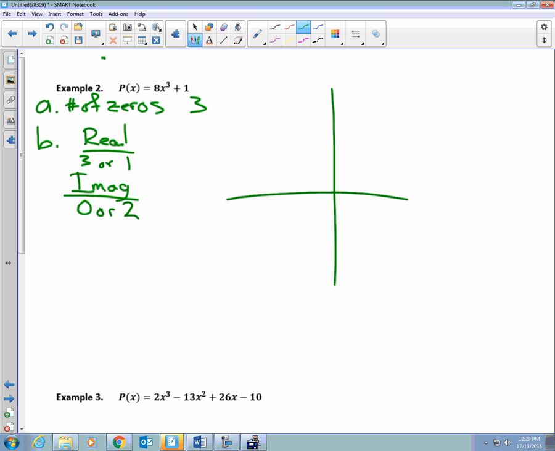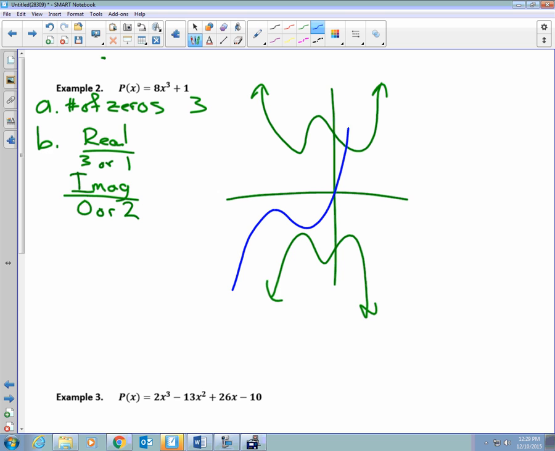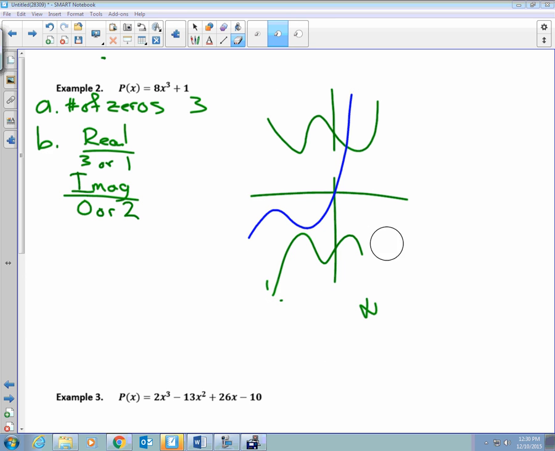Right. If you have a quartic, it could stay above the whole time, or it could stay below the whole time. But if you have an odd degree polynomial, there's no way you can draw it without crossing at some spot. So odd degrees have to have at least 1. There's no way to get from one side to the other without crossing. That make sense? Okay. So this one has either 3 or 1 real, and then 0 or 2 imaginary.